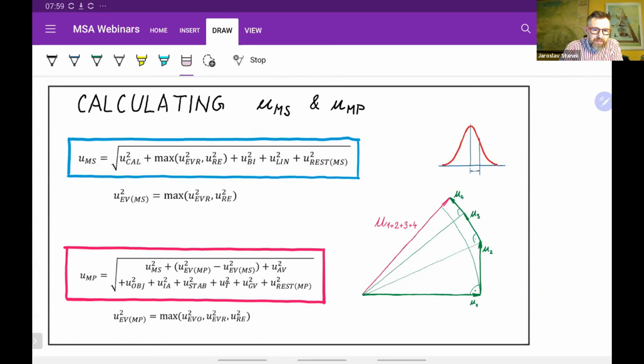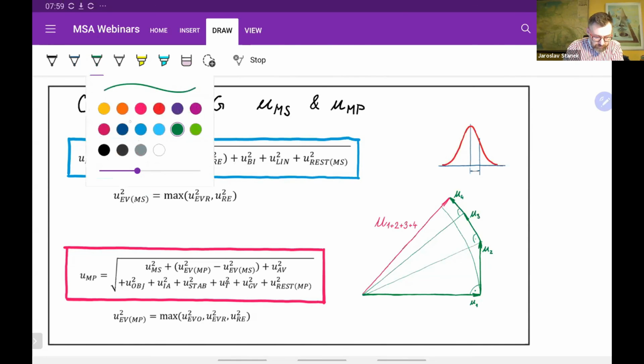And it is the same as the Pythagorean theorem on a triangle, as it is down here. So when you are combining these uncertainties, let's say that you sort them from the biggest to the smallest, then the biggest one would be down here. I choose red color again.